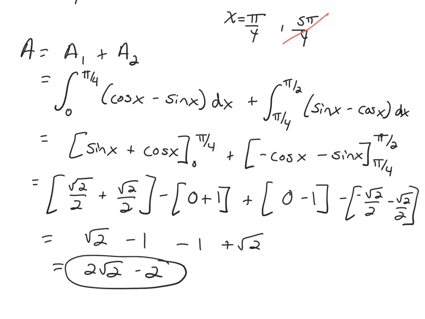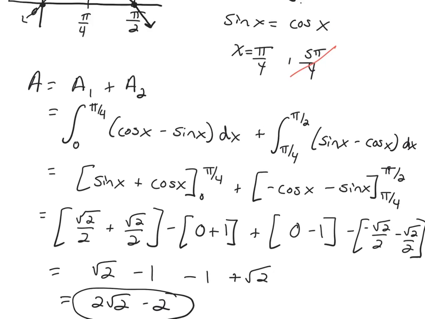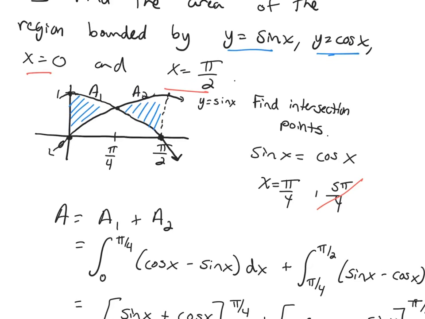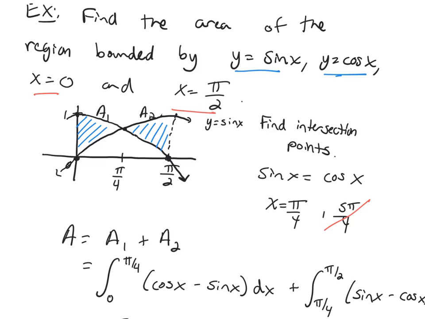Something I want to mention to you. Let's go back to our picture. If I've drawn this in a good enough way, you can see that A1 and A2 are symmetrical.